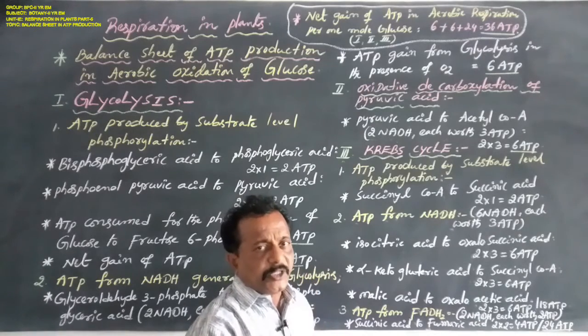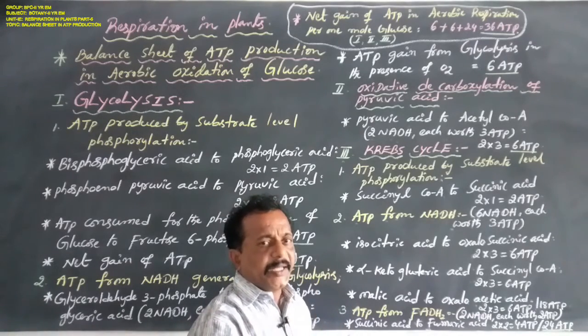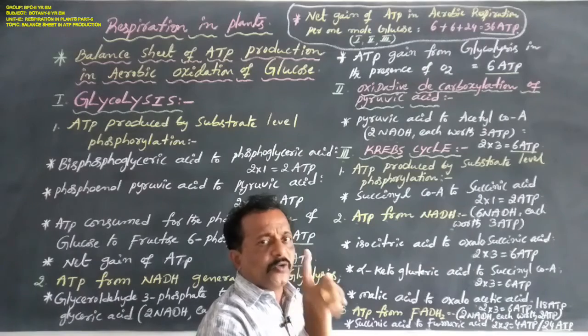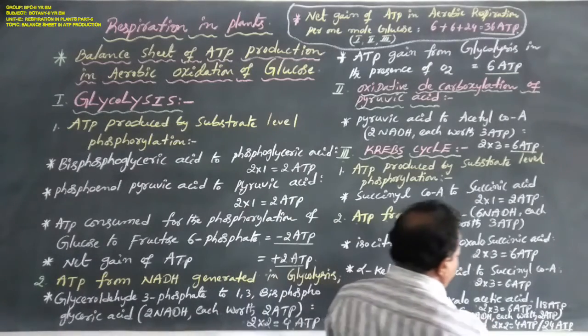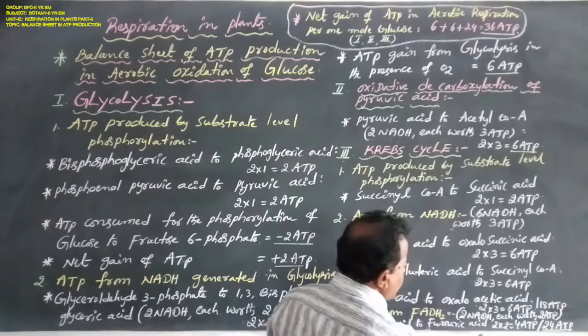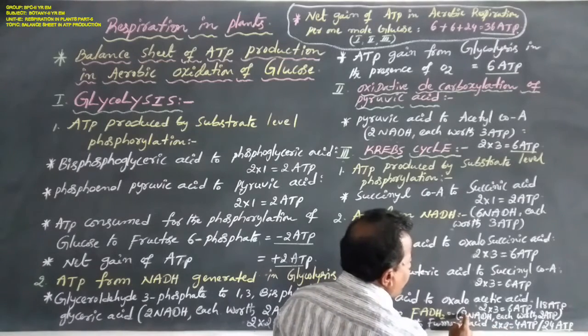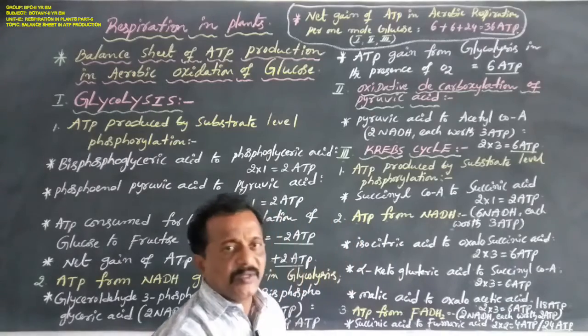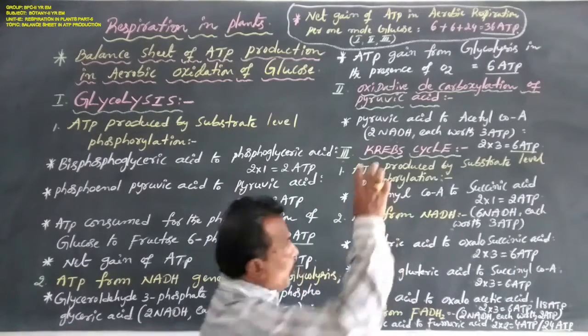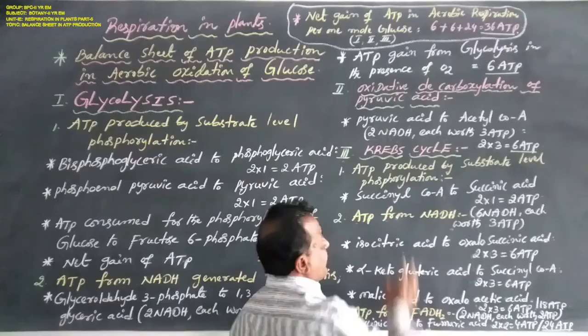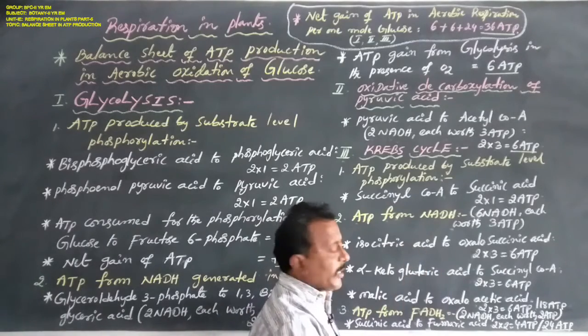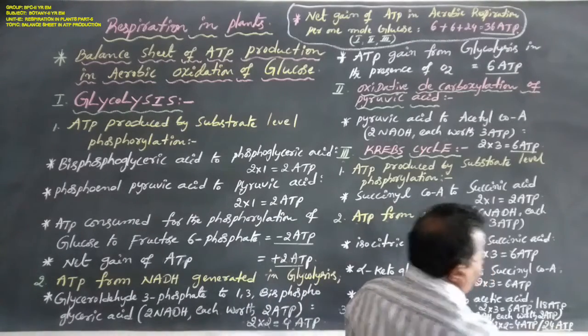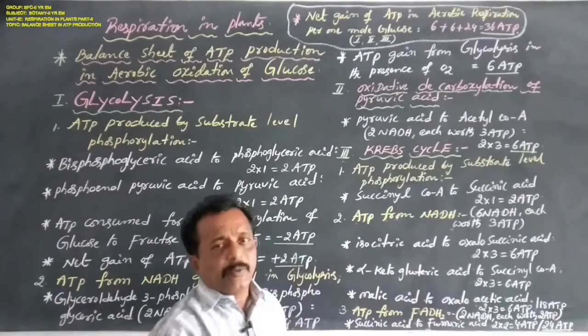In the Krebs cycle, one NADH equals 3 ATP, but one FADH2 equals 2 ATP. So 2 times 2 is 4 ATP. Total in the Krebs cycle, or citric acid cycle, the formation of ATP molecules is equal to 24 ATP molecules.